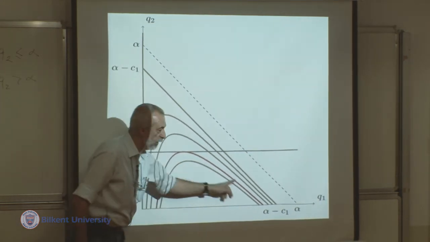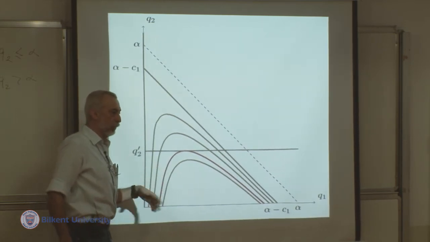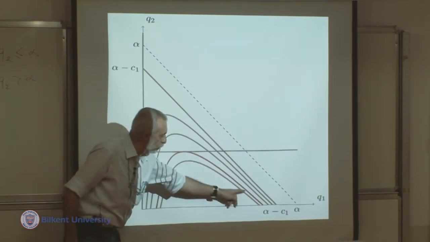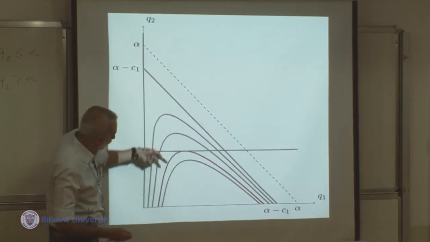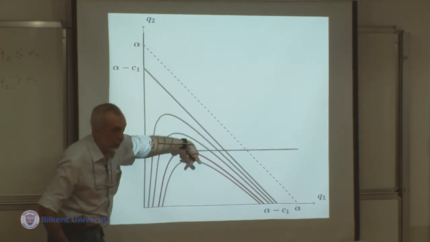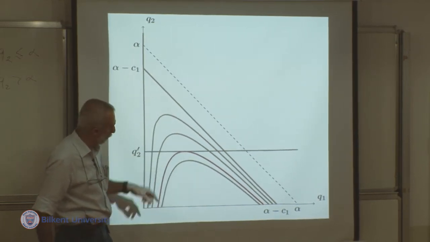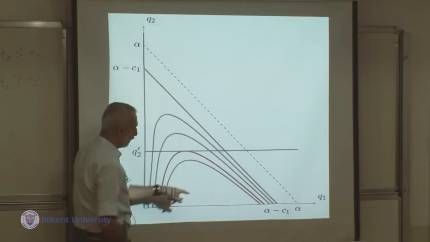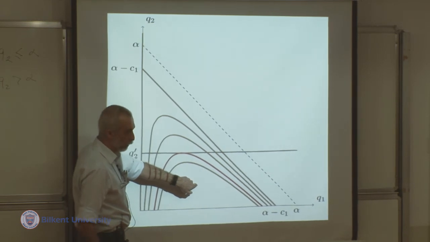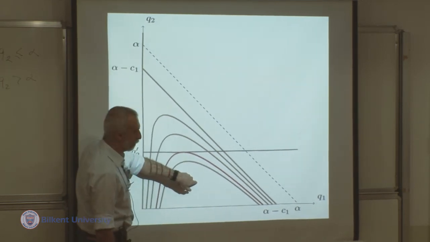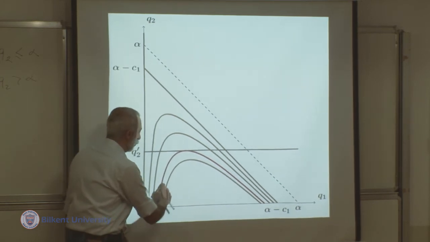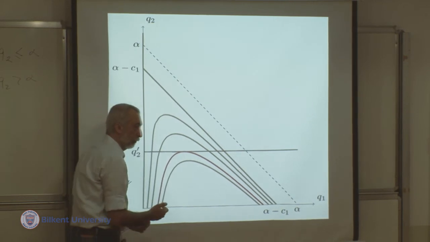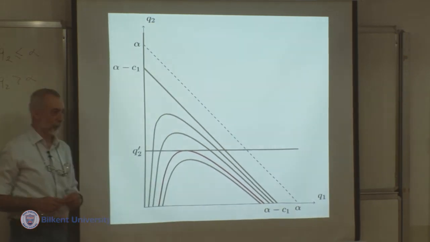Because all these points yield the same profit, and the profit function is a numeric representation of the preference, firm 1 is indifferent between any point on this curve. And because we had the arrows pointing in this direction, any quantity pair in this region is preferred by firm 1 to any strategy profile on this curve.